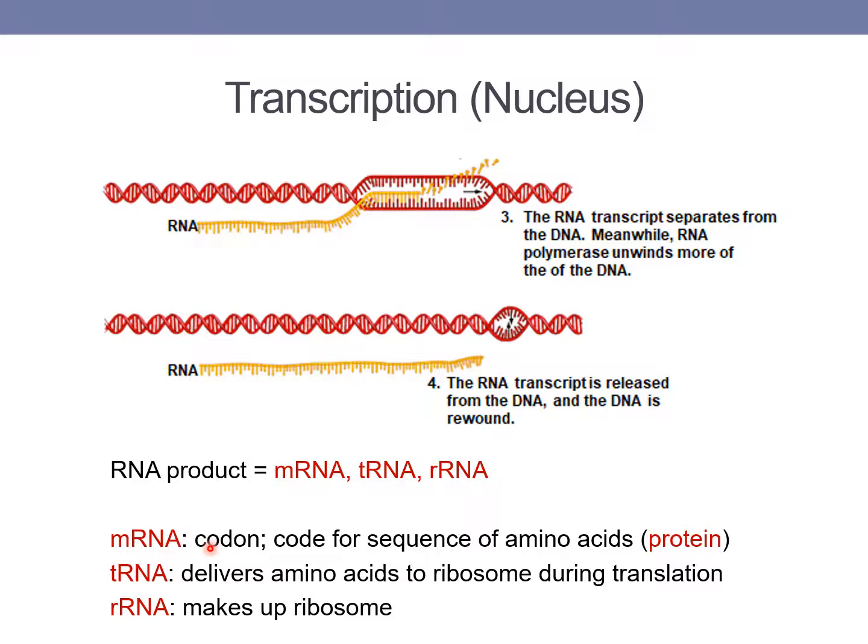The codon consists of 3 nucleotides. 1 codon equals 3 RNA nucleotides. The transfer RNA is the RNA that's going to deliver the amino acids to the ribosome during translation. The ribosomal RNA is part of the makeup of the ribosome. The ribosome consists of proteins and ribosomal RNA.